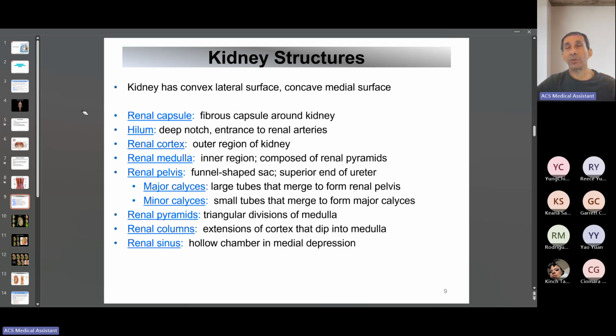So we're going to talk about the basic structure cell that makes up the kidneys, that we're going to call the nephron. Remember, the cells that makes up the nervous system is called the neuron, but the cell that makes up the kidneys is called the nephron.